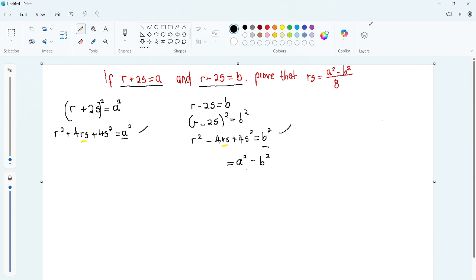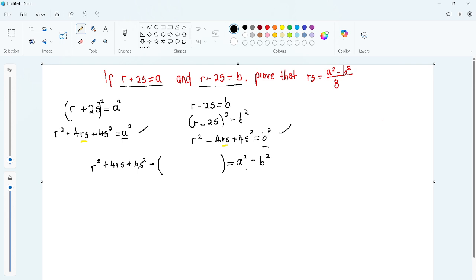Then what happens? We know that a squared is equivalent to this. So in the place of a squared, I'm just going to write r squared plus 4rs plus 4s squared, minus, and I open a big bracket.